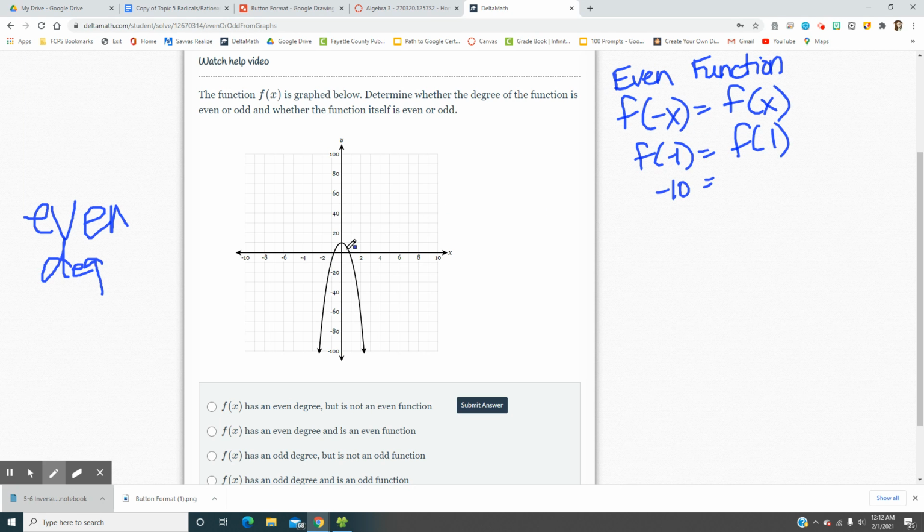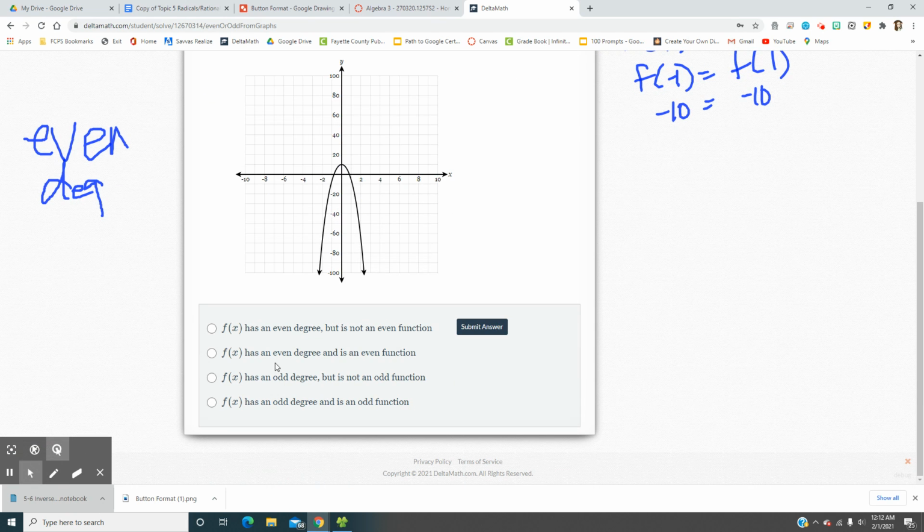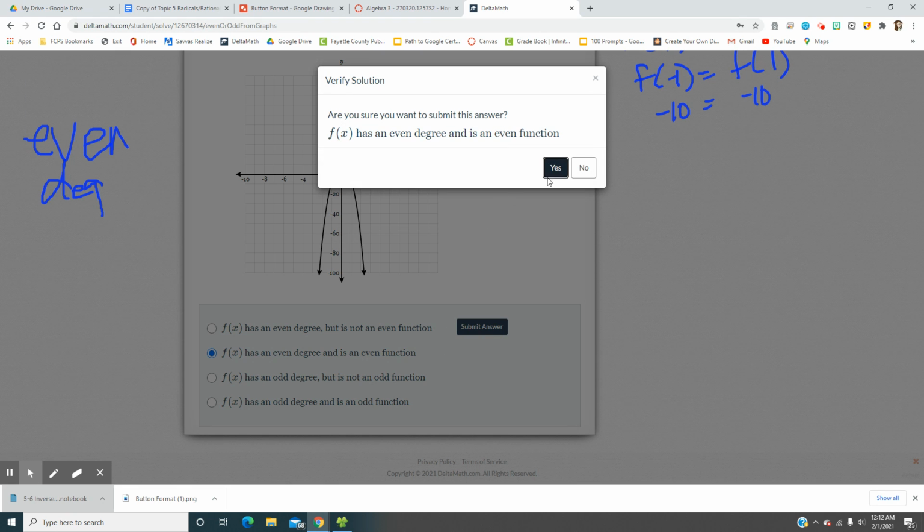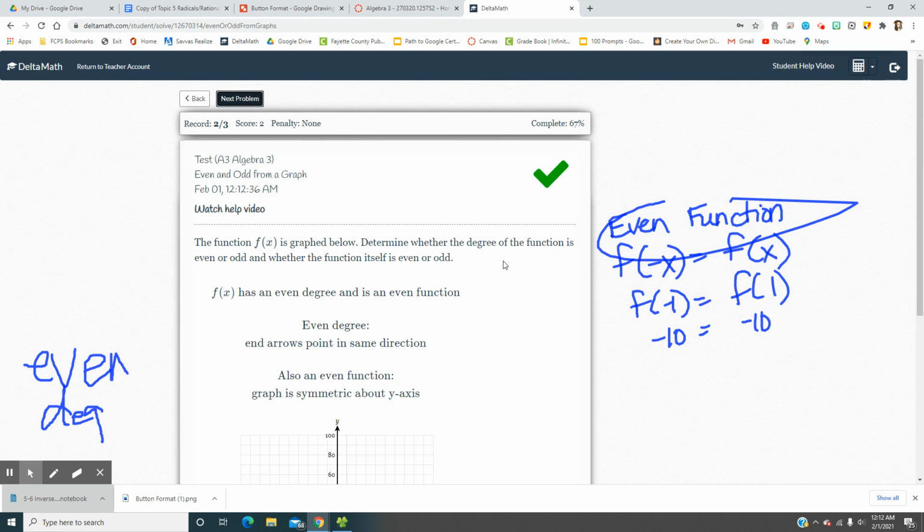And f of 1, about the same, maybe not quite negative 10, but they're in the same place. We're going to estimate about negative 10. So it also looks like it's an even function with an even degree. So I'm going to select that this function has an even degree and is an even function. Yes. And there we go.